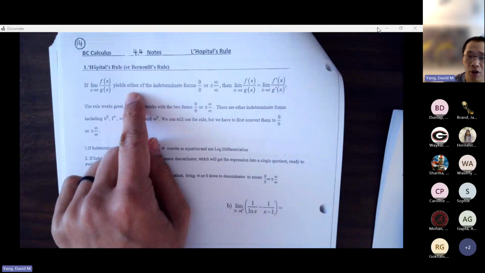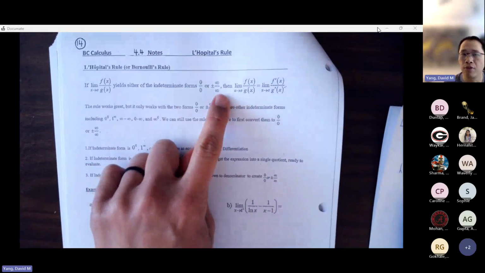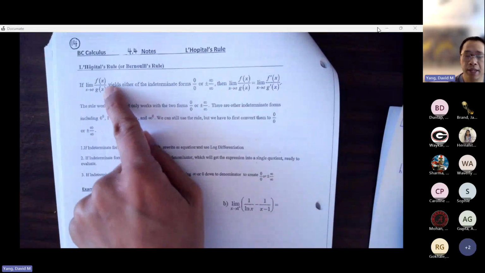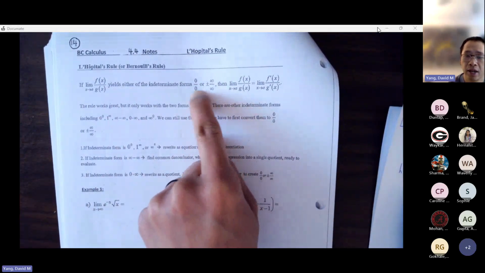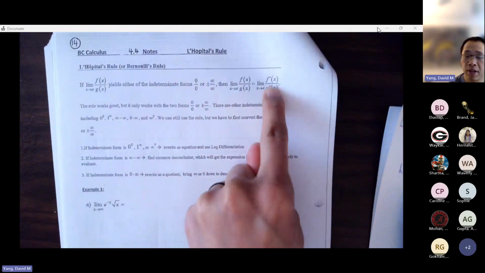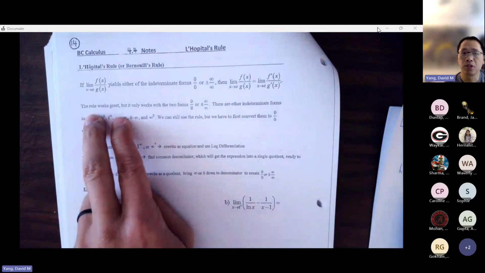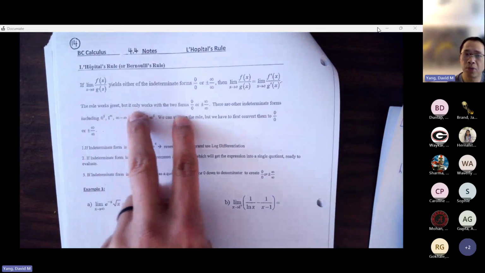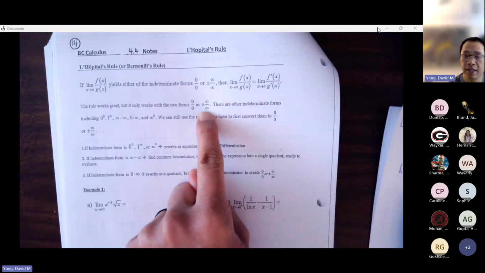It's always going to involve a limit, and it's the idea that if we evaluate a limit and we get 0 over 0 or infinity over infinity, it gives us the green light to take the derivative of the numerator and denominator, and then reevaluate the limit. This rule works great, but it only works if we can get it into the form of 0 over 0 or infinity over infinity.